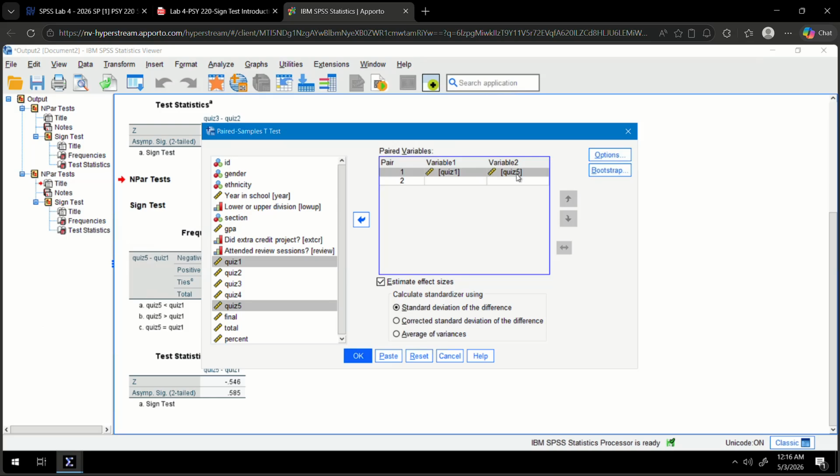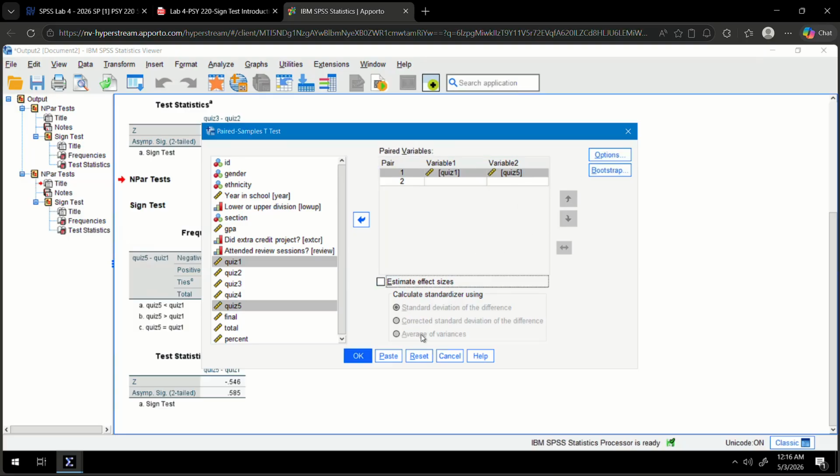And you're going to have much more power with this because you're looking at mean differences rather than plus or minus, because the plus or minus doesn't give you the magnitude of the difference. It only gives you basically a categorical yes or no: there's a difference or there's no difference. So the t-test is much more preferred over the sign test.